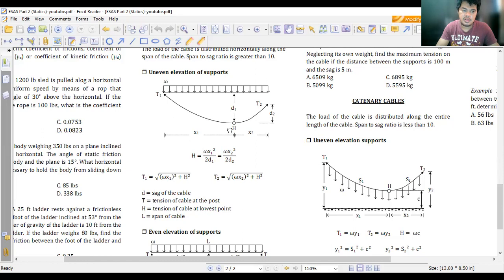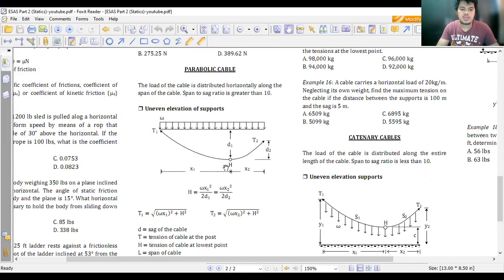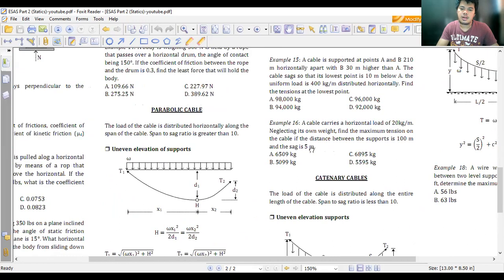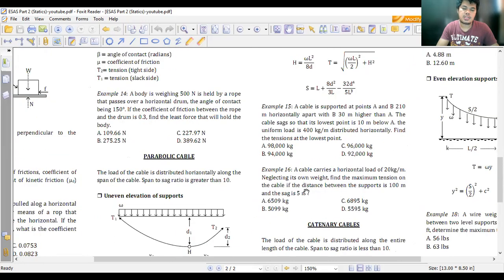So for the cable, how do we know that the cable is parabolic? What would be the hint? The hint usually for parabolic cable is the word horizontally distributed.